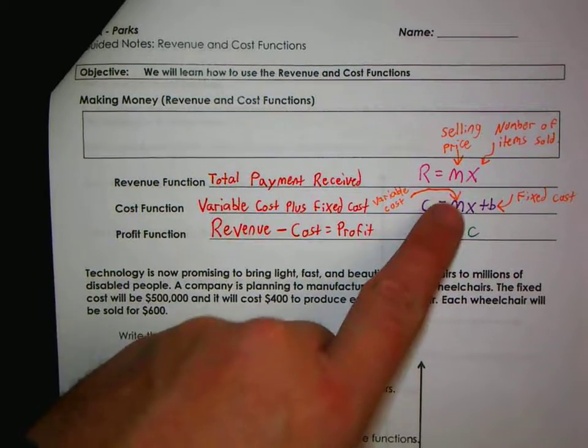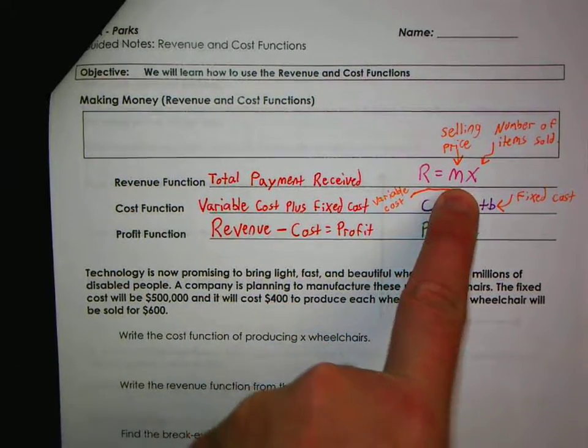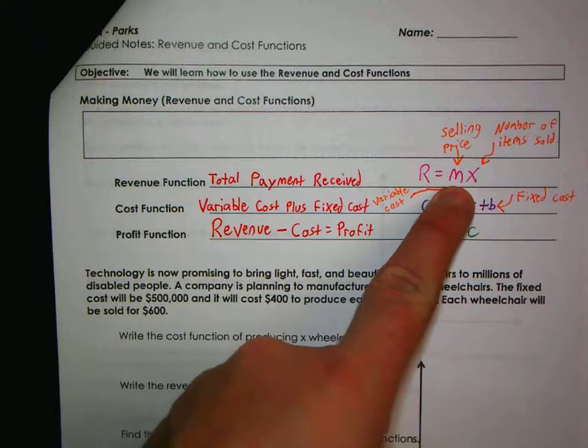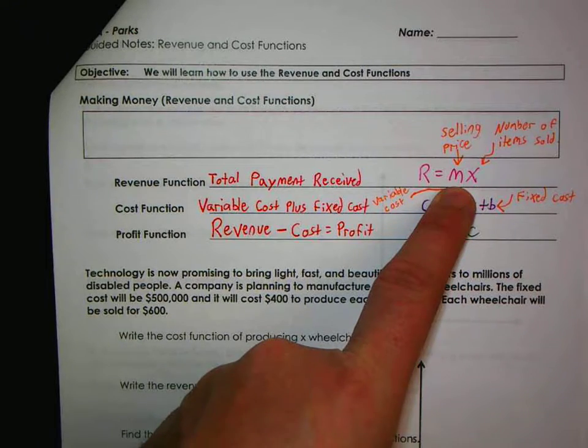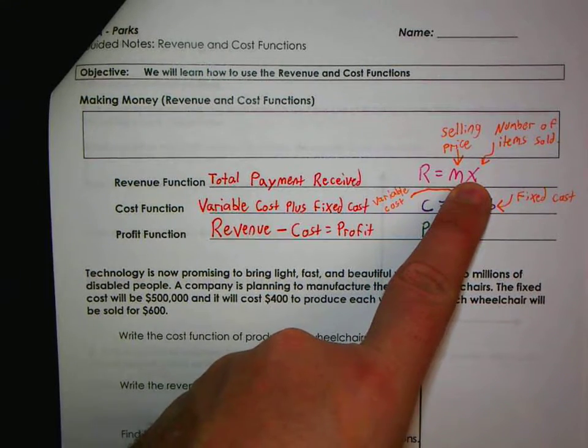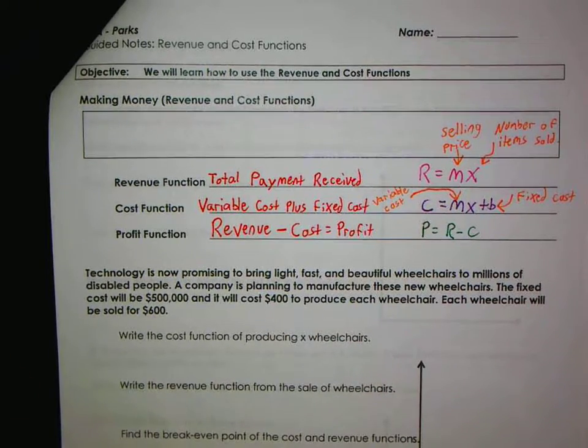And if I'm talking about a hair salon, my M would be how much I charge per haircut. And my X would be how many haircuts I gave. And that would be my revenue. So if I gave 10 haircuts and each haircut cost $10, then I brought in $100 for the day.